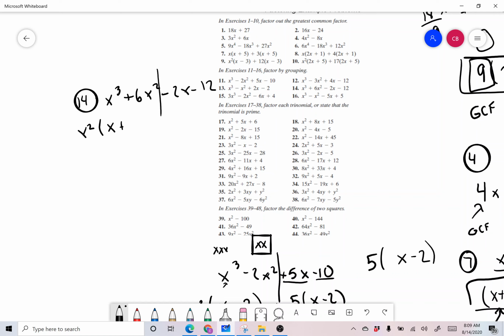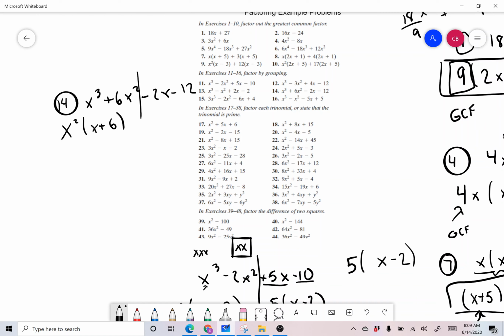That leaves us with x plus 6. If you don't see how I did that so quick, just take some time. Sorry, I'm erasing because I don't like how I wrote the x squared. That's x squared. If you don't see how I did it so quick, make sure you watch the other part of the video right before this, and I think it'll help.